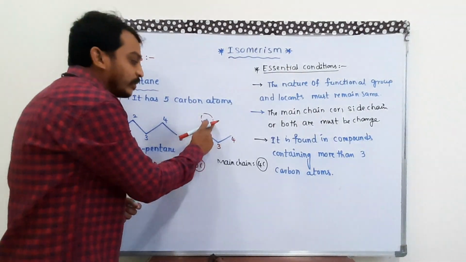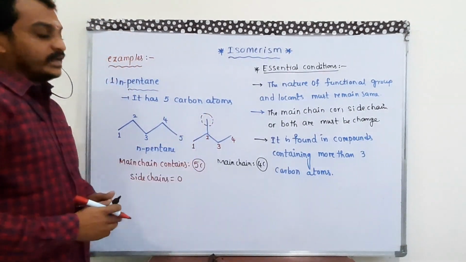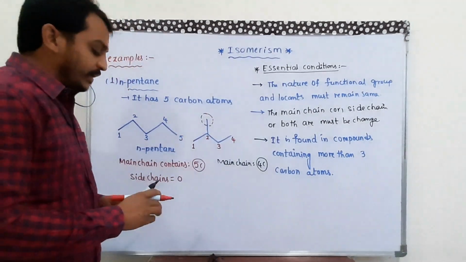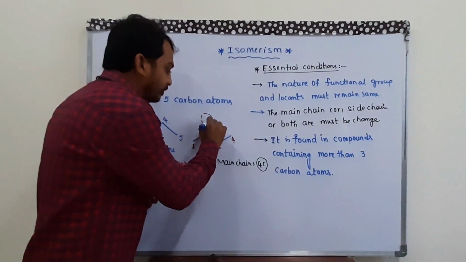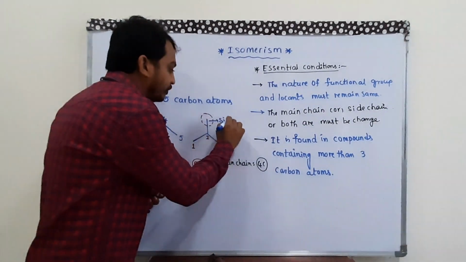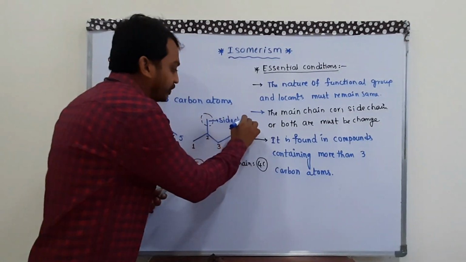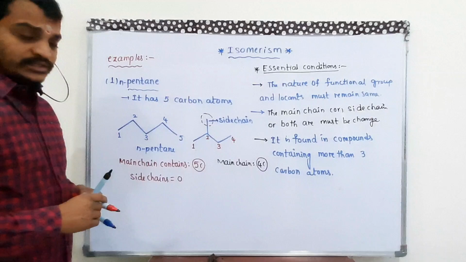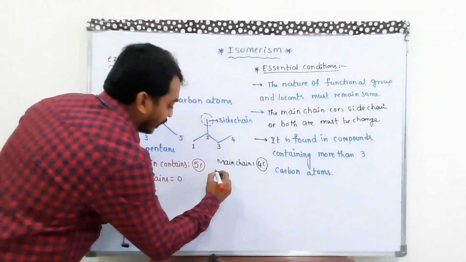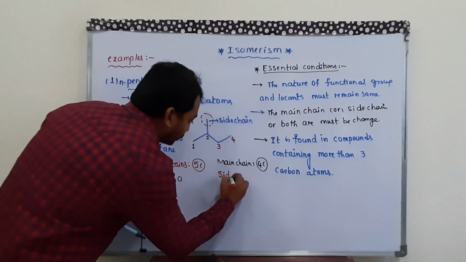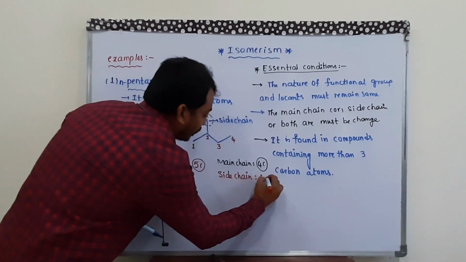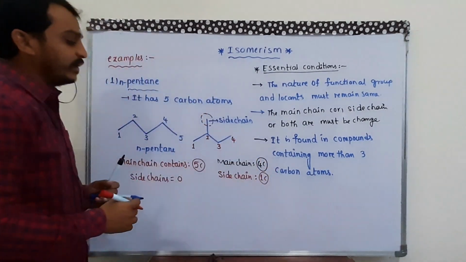So this other group is automatically a substituent, or nothing but a side chain. How many side chains are here? Only one, and the side chain contains only one carbon atom.